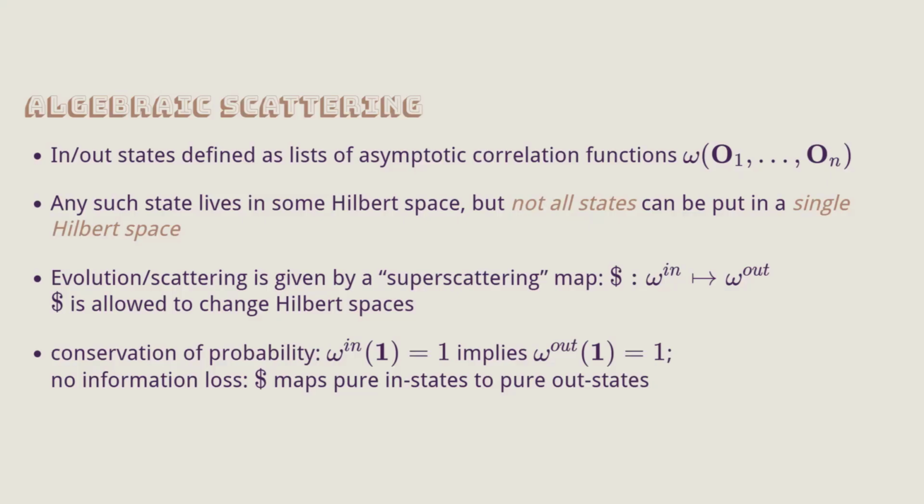But given those, you can show, this is called the GNS construction, that any such list of correlation functions can be viewed as a state in some Hilbert space, but it's not guaranteed that all such states can be put into the same Hilbert space. And by same Hilbert space, I mean whether they are unitarily equivalent representations of the algebra.